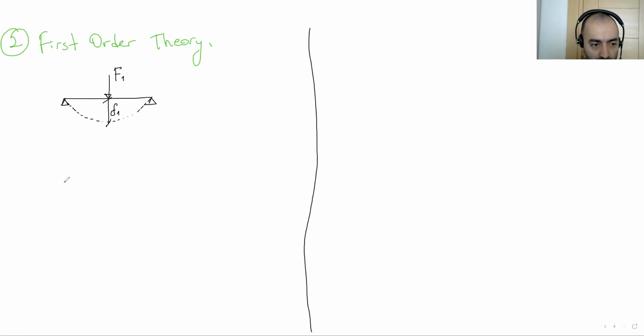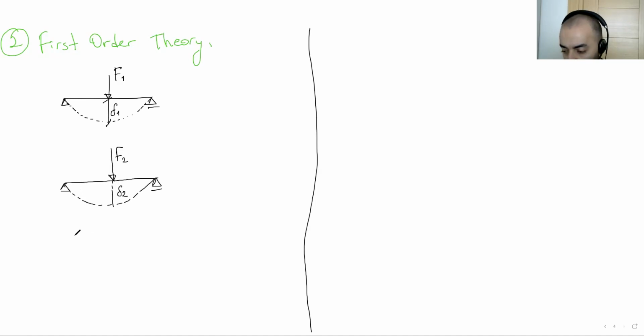And similarly, I have same beam here again. Here I have a different loading. Under this loading, I have again a deformation. This deformation is delta 2.